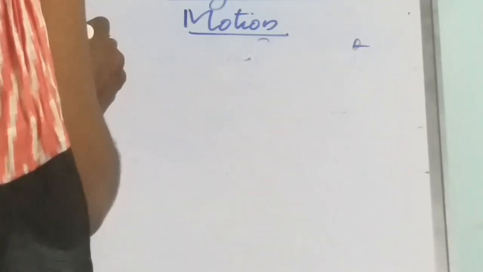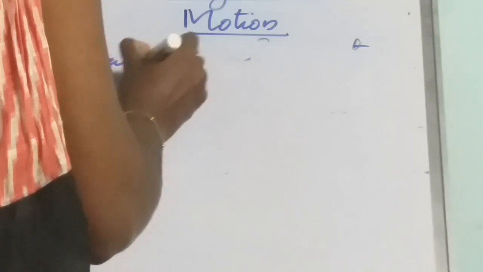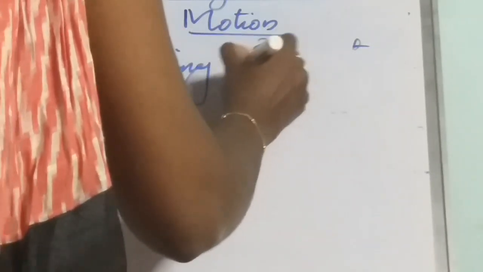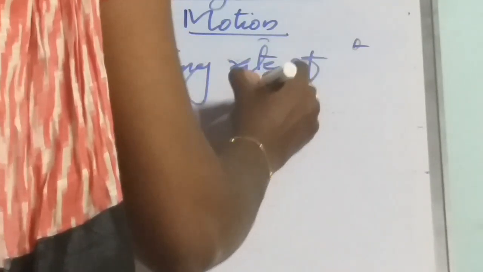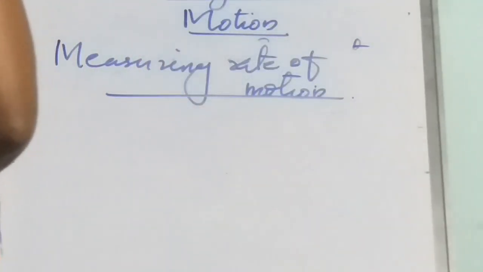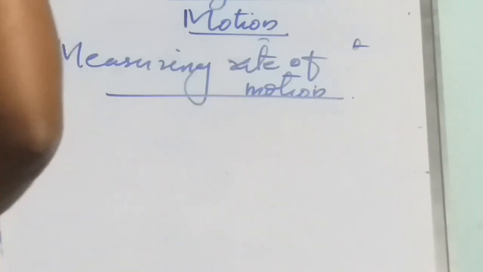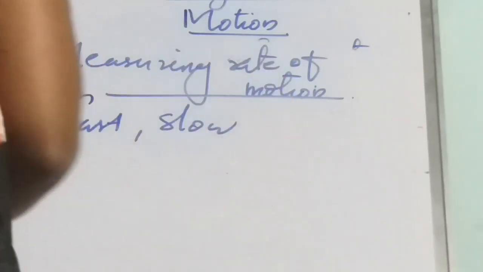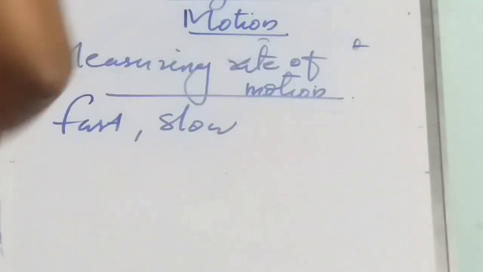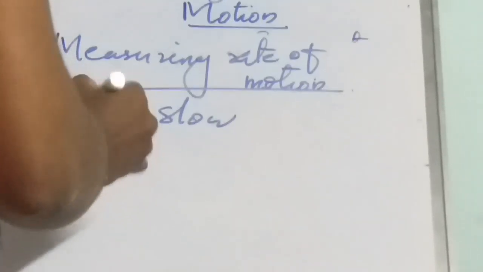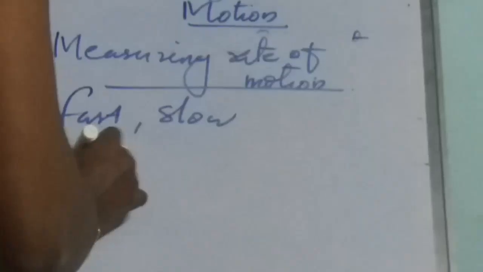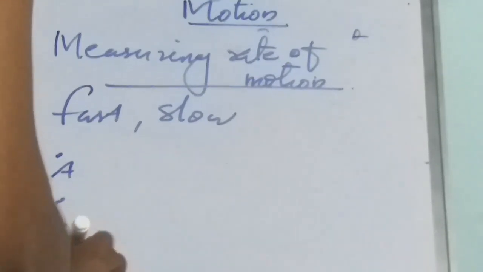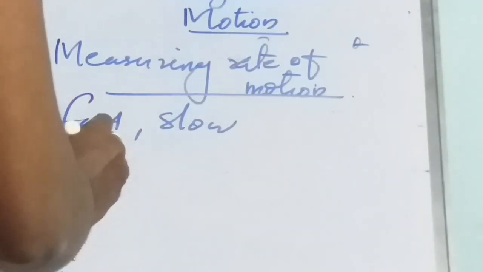Next, measuring the rate of motion. We know some objects move fast and some other objects move very slowly. Here we can consider an example. Consider three athletes A, B and C running a 1,000-meter race.